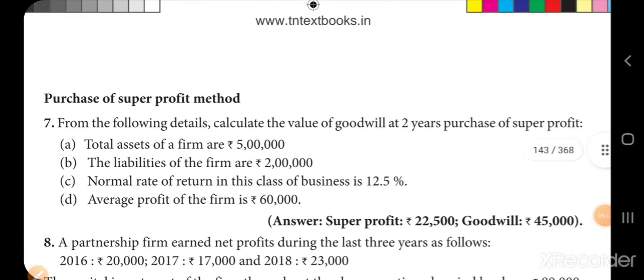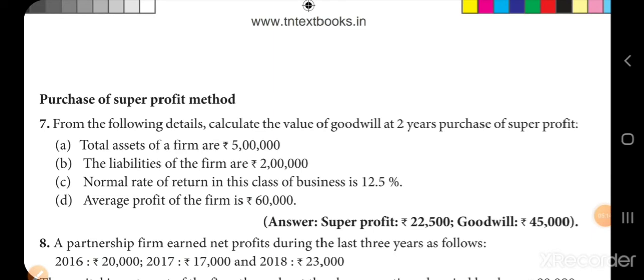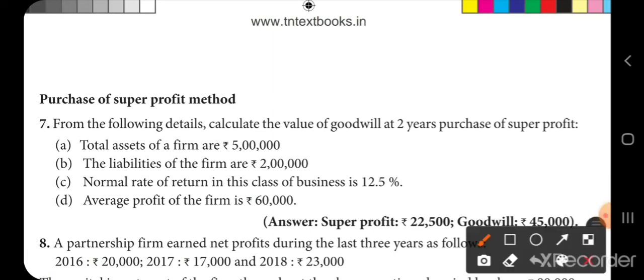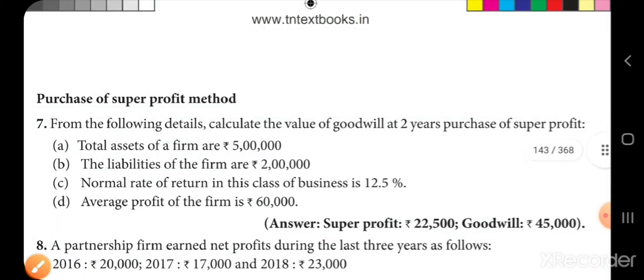Exercise 7. From the following details, calculate the value of goodwill at 2 years purchase of super profit. Total asset is given, total liability is given, normal rate of return is 12.5% and average profit is given as 60,000. Now, goodwill, what is the formula under the super profit method?